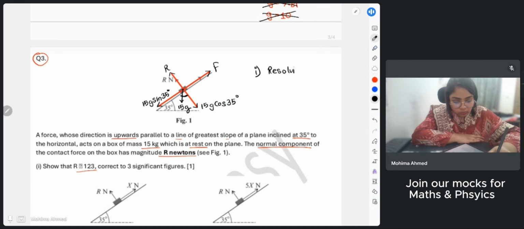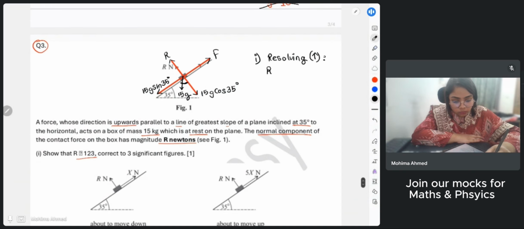So resolving vertically, for a vertical portion, we have again resultant force equals to 0, because the object was not accelerating vertically, right? It might be moving up along the plane, but it was not moving vertically over here. It was always connected and moving along the horizontal line. So there was no motion in the vertical plane. So that's why a is 0 for the vertical motion.